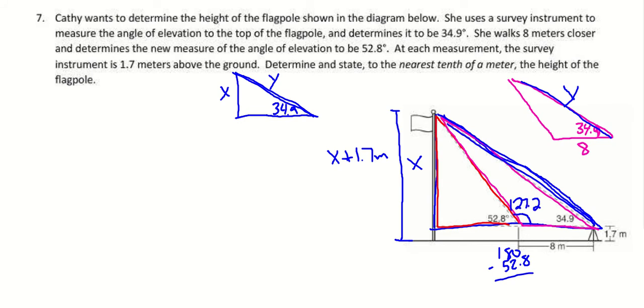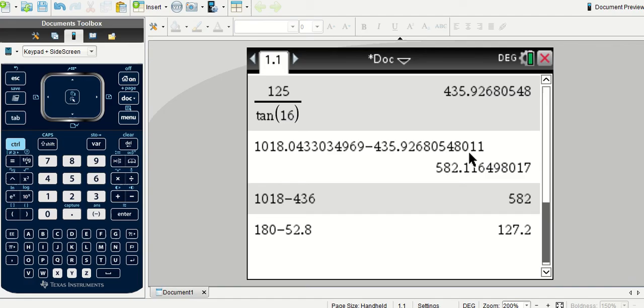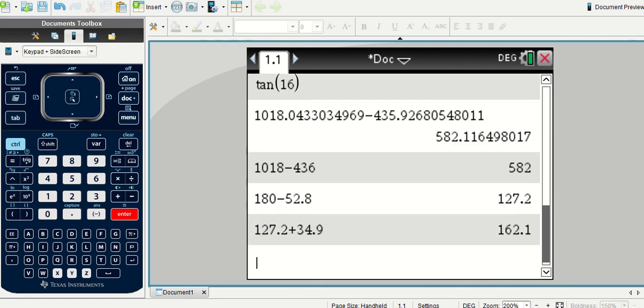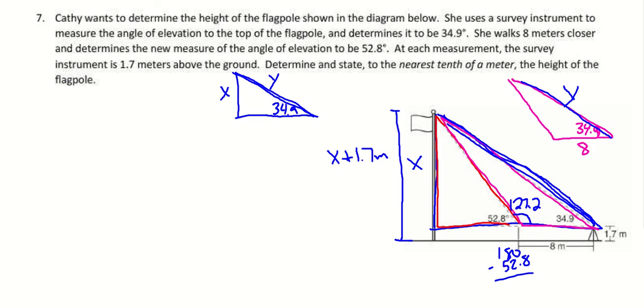And then when I add 127.2 and 34.9 and subtract that from 180, let's see, 17.9, look at that, is the other angle. So this 17.9 is important because it's across from the 8.